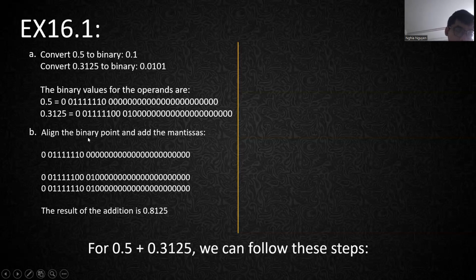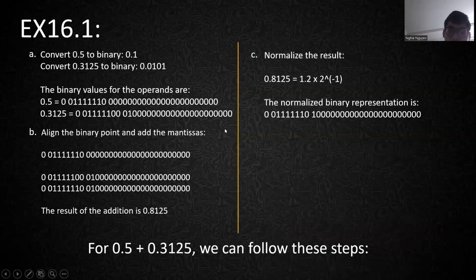Analyze the binary points and add the mantissas. Here, the result of the addition is 0.8125.